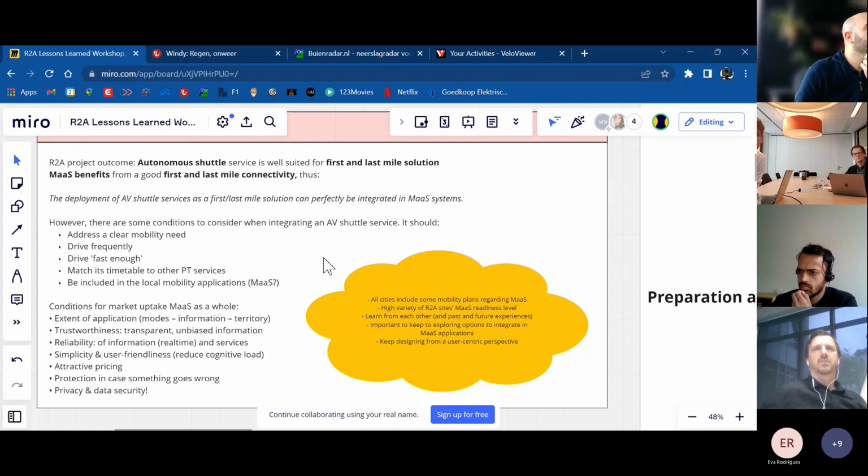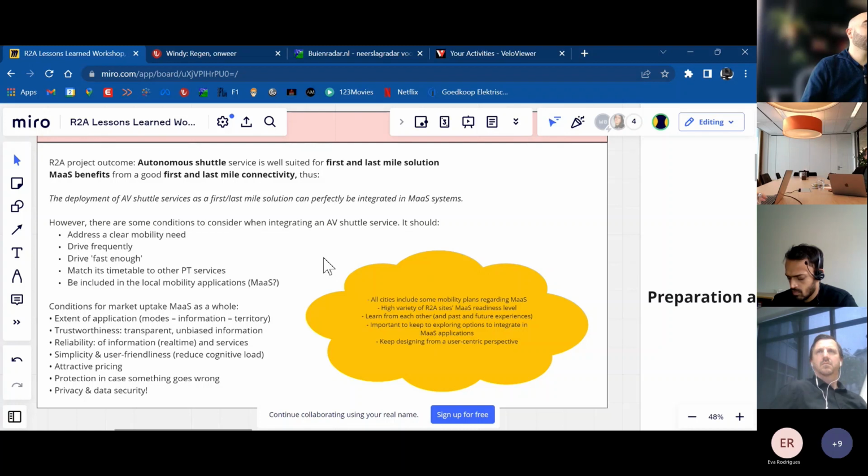If you're starting a new mobility service, think about what's already there regarding MaaS. Is there an application or platform, and can you integrate your service within those systems? That makes the platform better and more comprehensive, but also increases your service uptake.